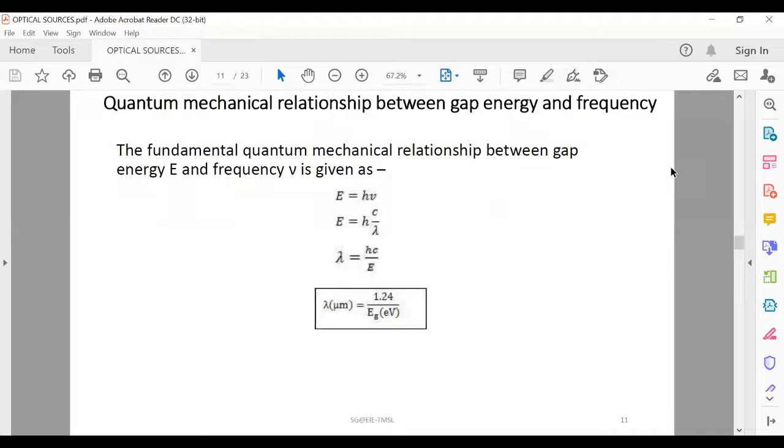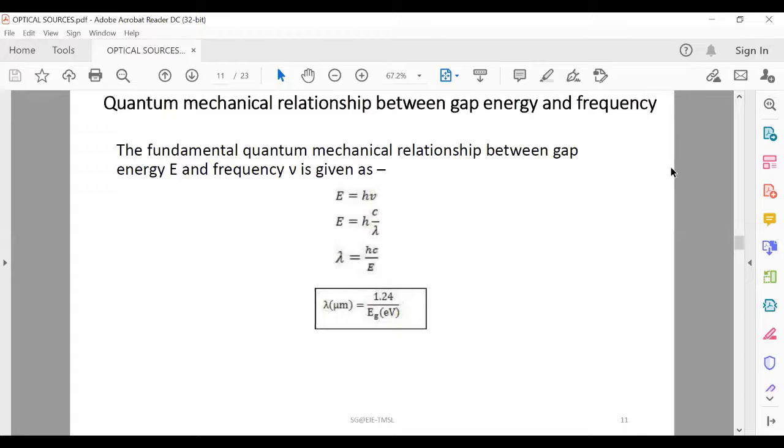So the active layer semiconductor must have a direct band gap, and in a direct band gap semiconductor, electrons and holes can recombine directly without the need of a third particle to conserve momentum. Now in this type of material, the optical radiation is sufficiently high.